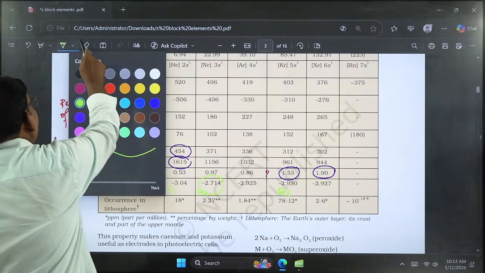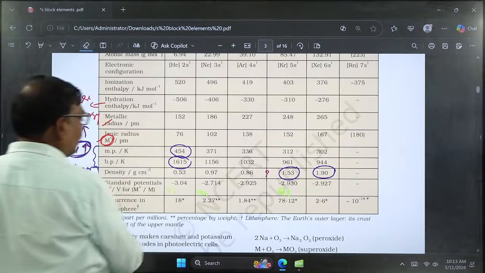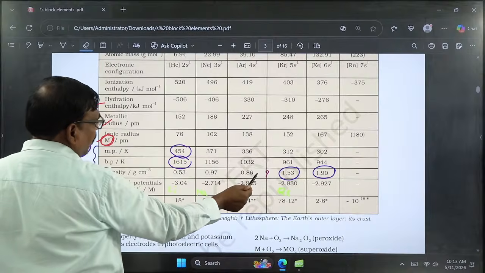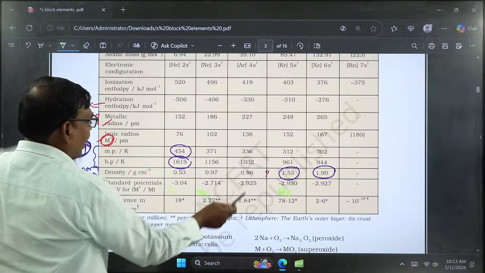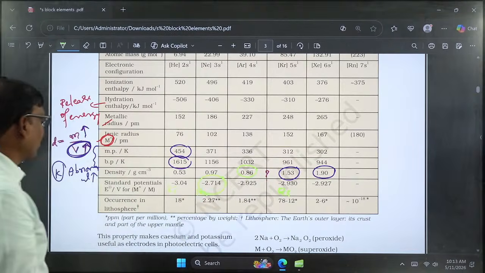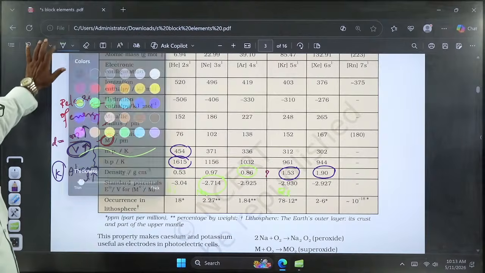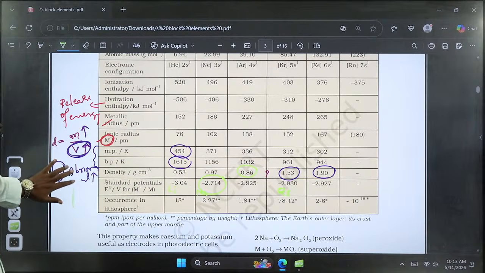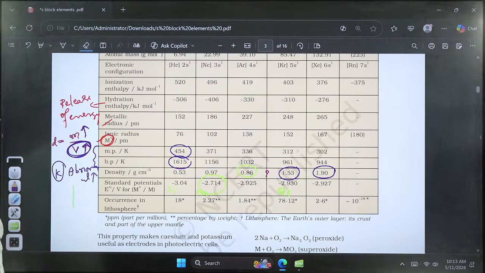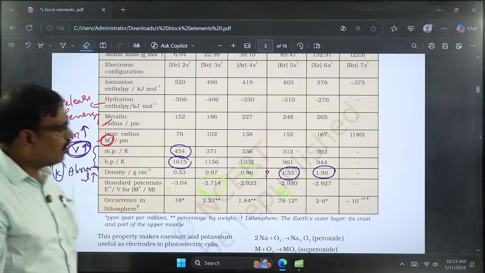So the lowest density will be exhibited by lithium in the previous case, and the exceptional case of density is potassium. At the same time, the lowest SRP value can be shown by sodium. So all these are important points that are required for different ways of questions, mostly correct order or incorrect order. Okay.